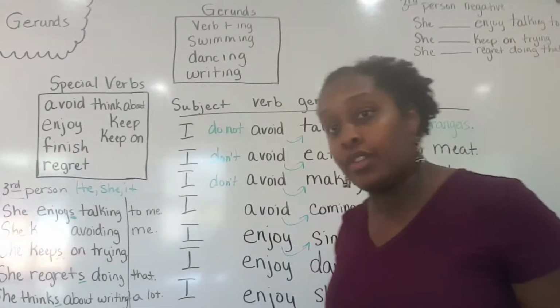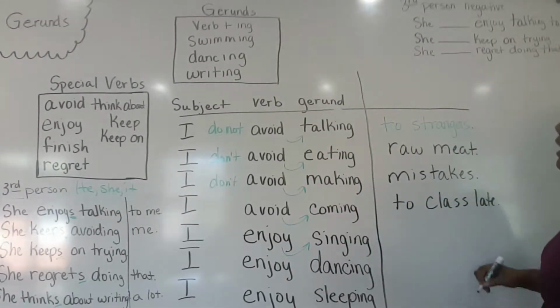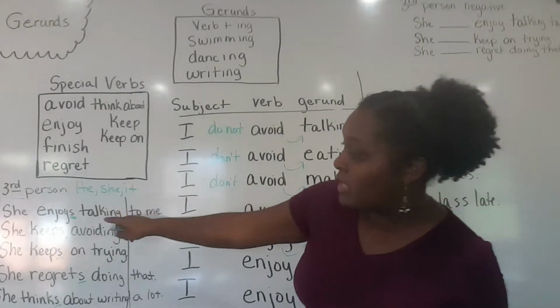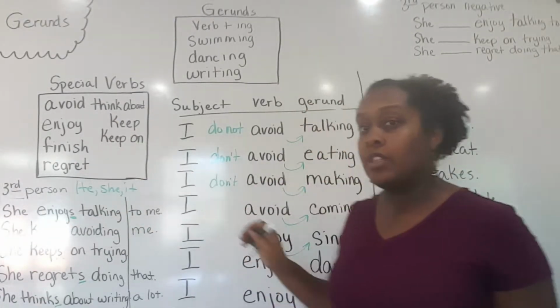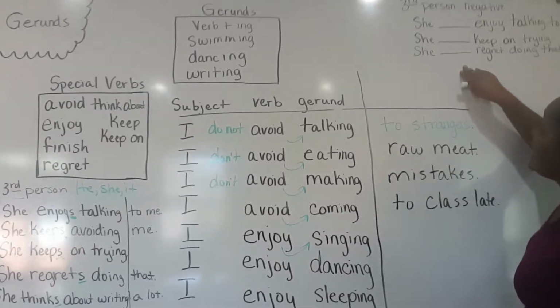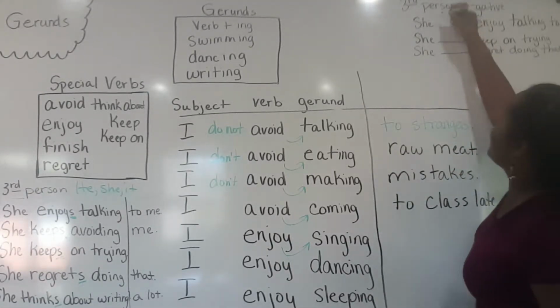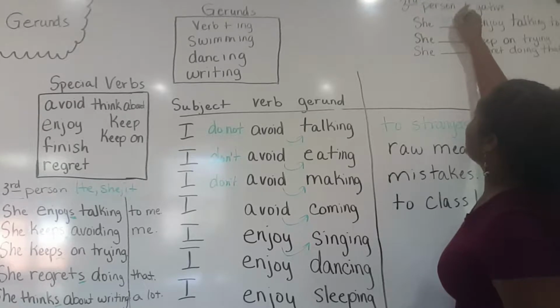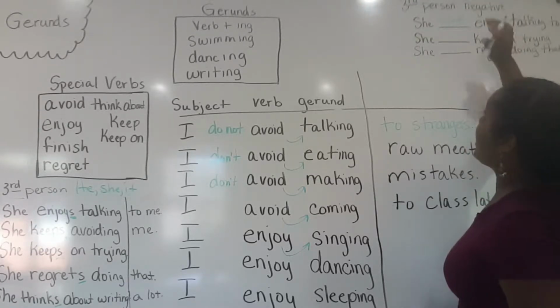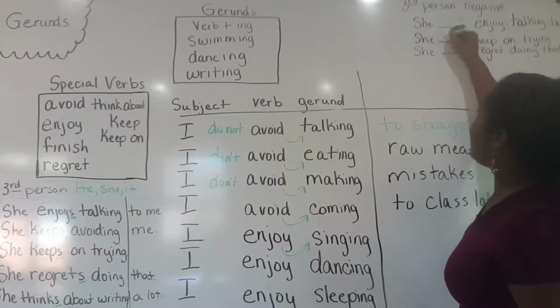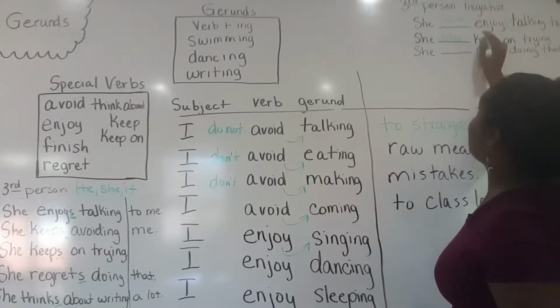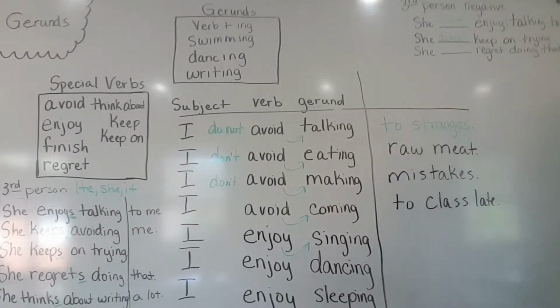Now, it's a little different for third person. Over here, when it's affirmative, we put the S on the special verb, and these are your special verbs. But when we have negative, we say she does not enjoy. No S. So she doesn't keep on trying.